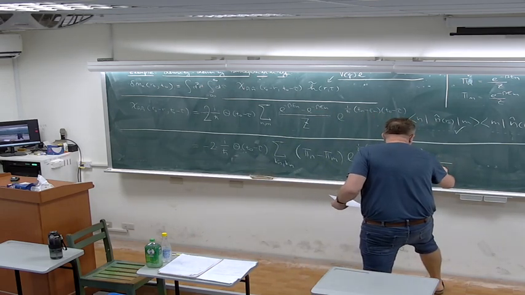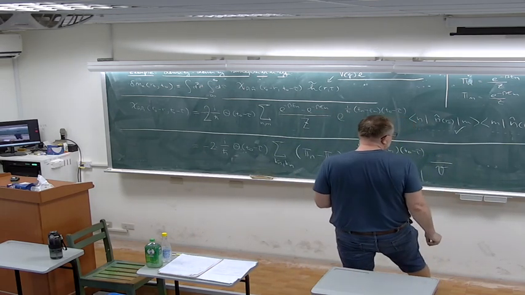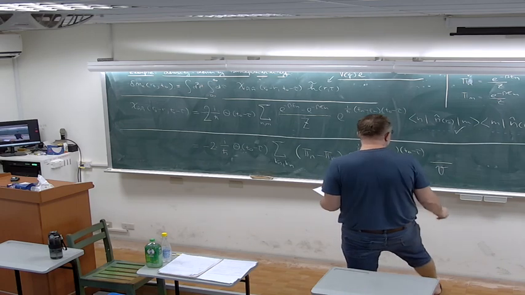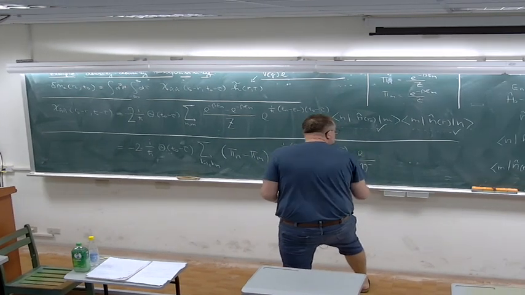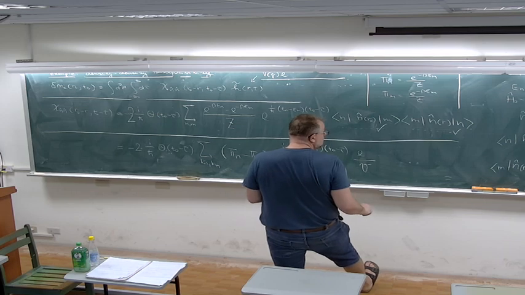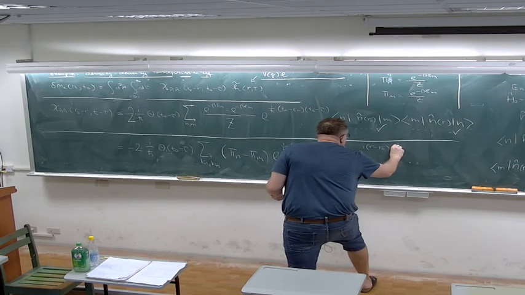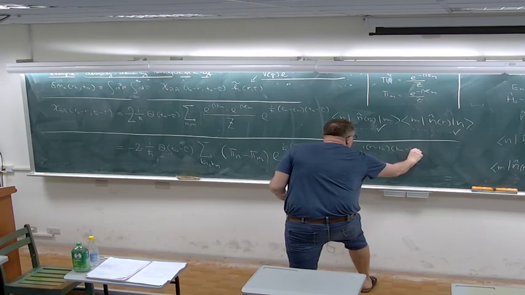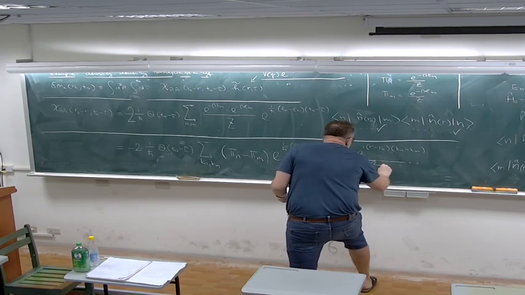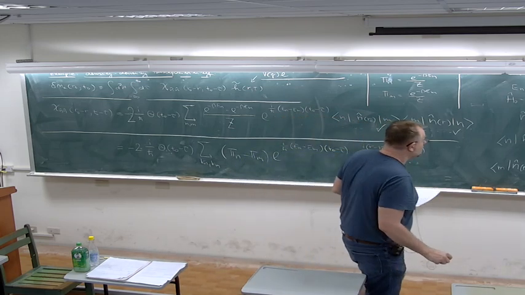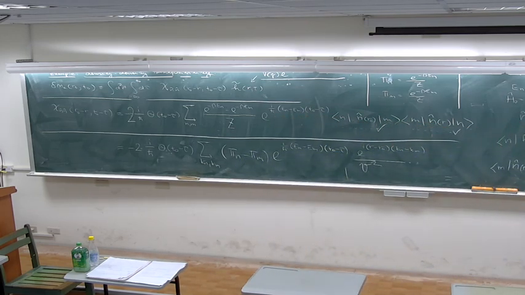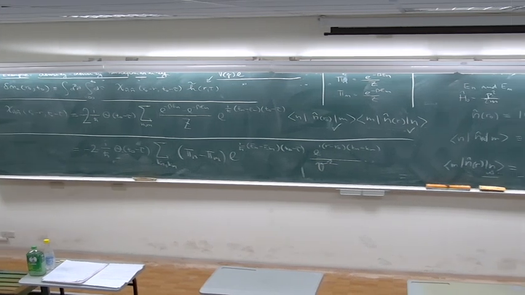So it's 1 over volume, another over volume, and I can write it in the form A to the E R minus R0, Kn minus Km. And here is the square. Now let me check. Yeah, I think it was that.